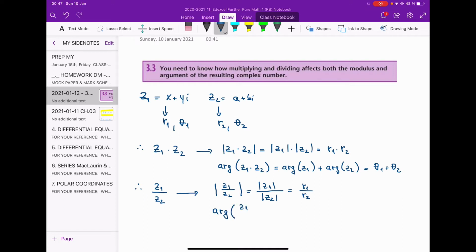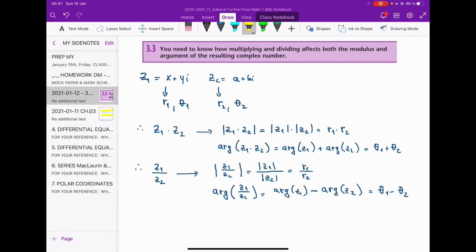If you have z1 over z2, then it's the argument of z1 minus the argument of z2, or you can say theta 1 minus theta 2. Okay, so you need to be aware of this and be able to use it. This is for the product, and this is for the division, the quotient.